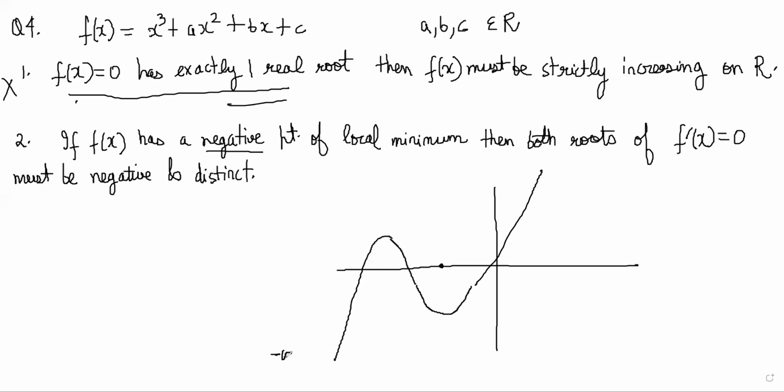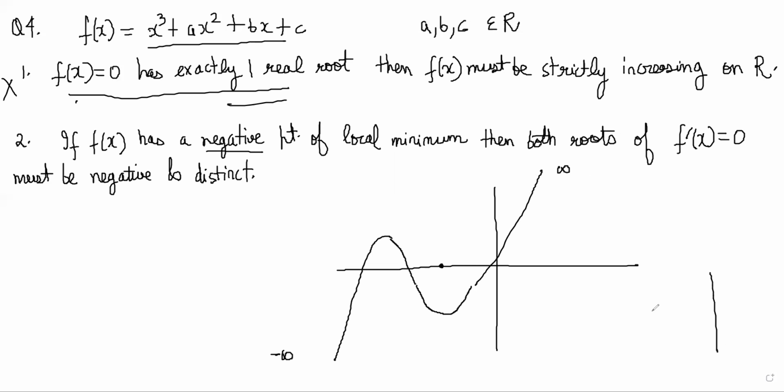The curve starts from minus infinity to infinity, right? As x tends to minus infinity, this is minus infinity. As x tends to plus infinity, this is plus infinity. So you can have a situation where it starts like this, goes up. Now it has to come down because there's a point of local minima, and then go up.